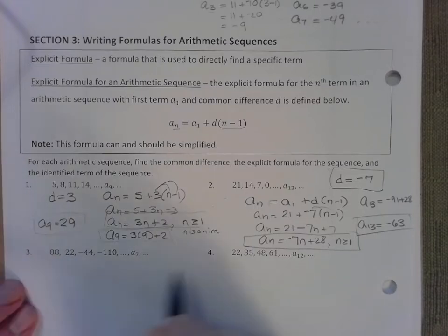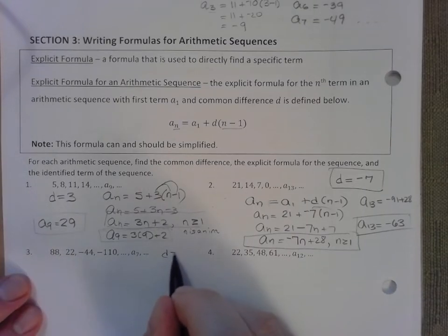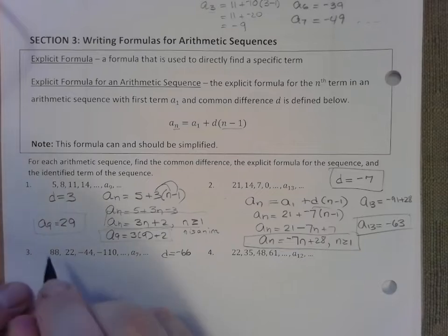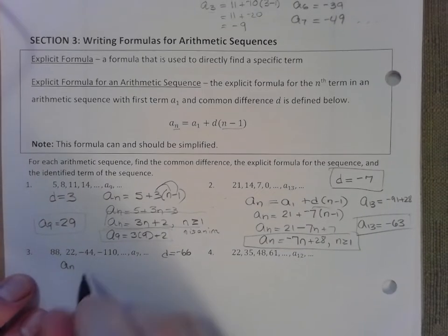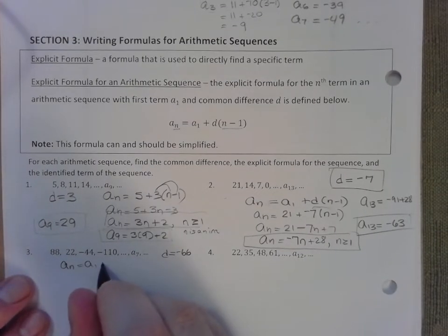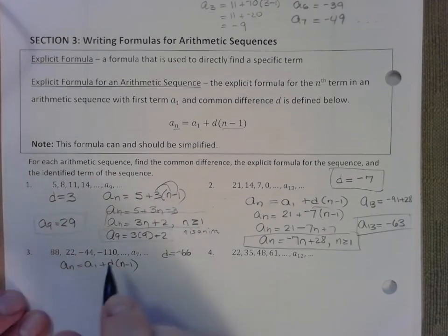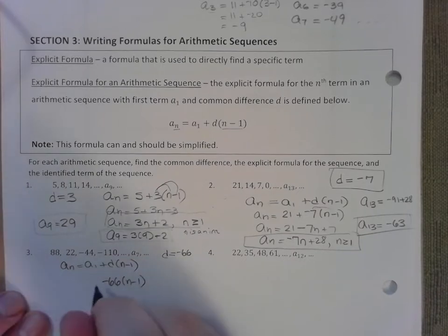So it looks like our difference is negative 66. Write my general formula. a sub n equals a1 plus d times n minus 1. Let's plug in the difference. Let's plug in our first term. And let's simplify it.